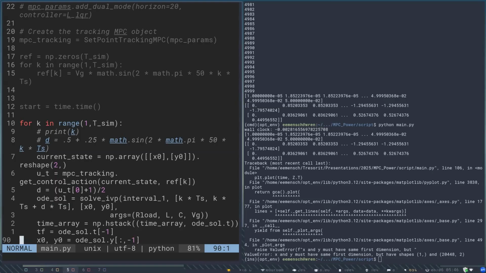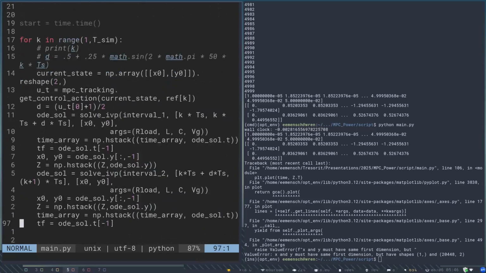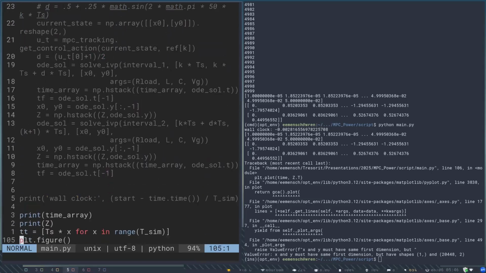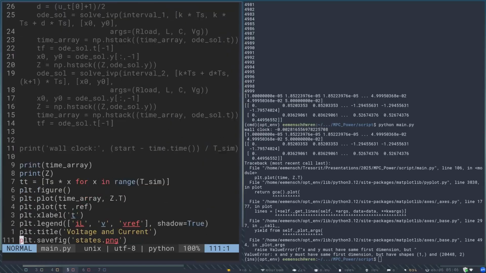And then concatenate solutions, put them next to each other, solve it. Now, let's run it, and now we're going to see an error problem.